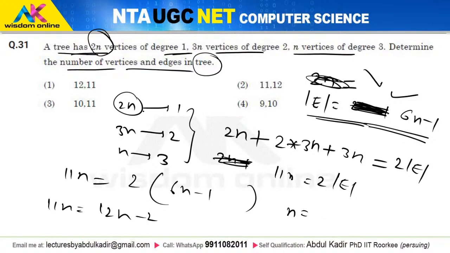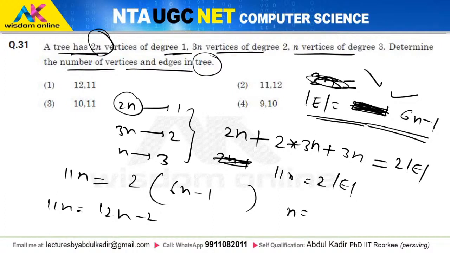This is the degree sum formula: 2n vertices of degree 1, 3n vertices of degree 2, n vertices of degree 3. Determine the number of vertices and edges in the tree. In the tree, number of edges will be number of vertices minus 1.